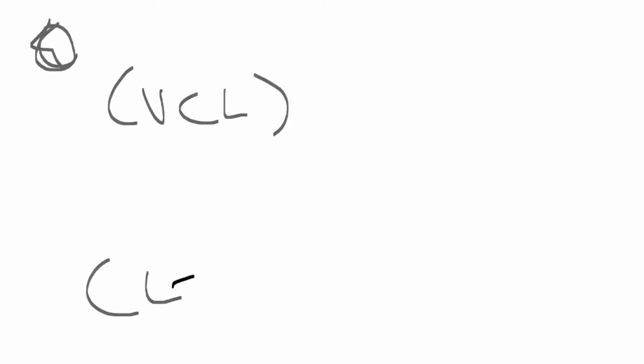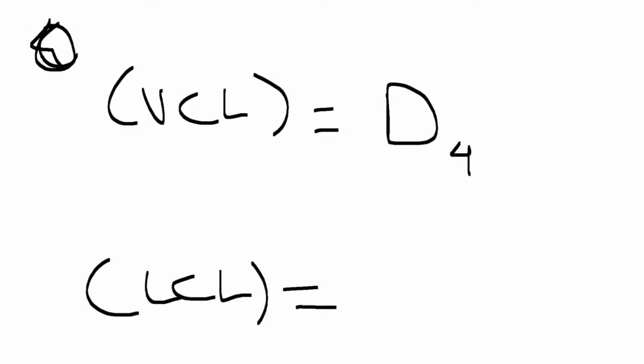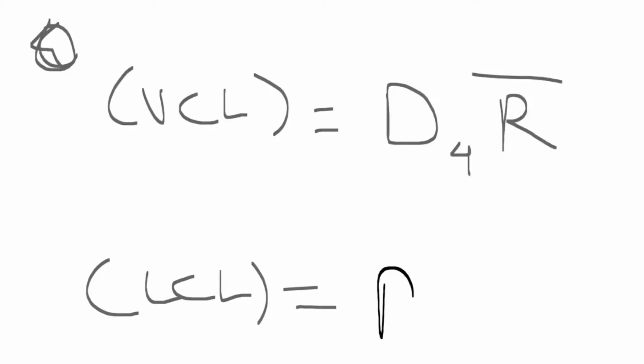One is the upper control limit, UCL, and second is the lower control limit, LCL. So how are LCL and UCL calculated? The formula for UCL is D4 into R mean, whereas the LCL formula is D3 into R mean.